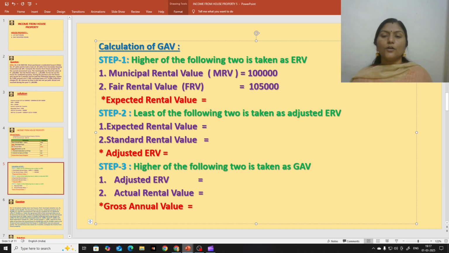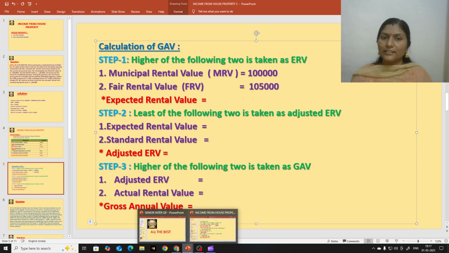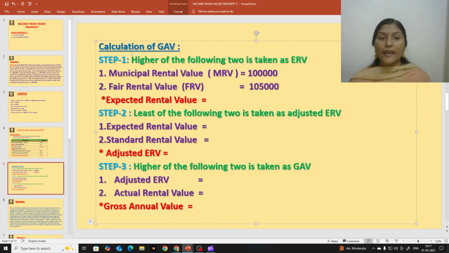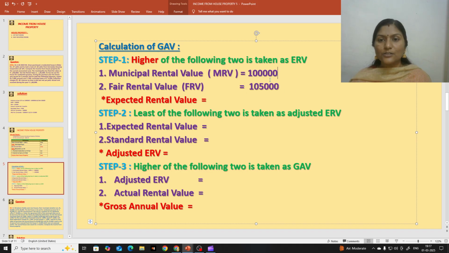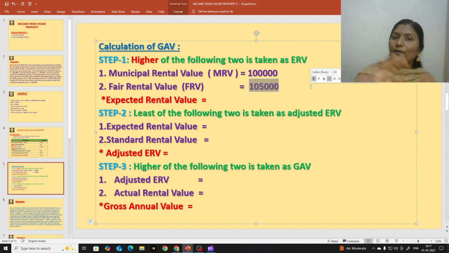Now you see and select which one we are going to select. The highest one, the higher of the following 2. What is the highest one? 1 lakh or 1,05,000? It is 1,05,000. It is more. So we are going to select this. How will you select it in your notes and in the examination?